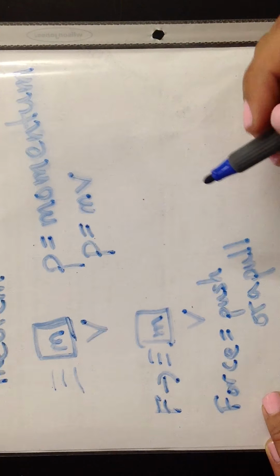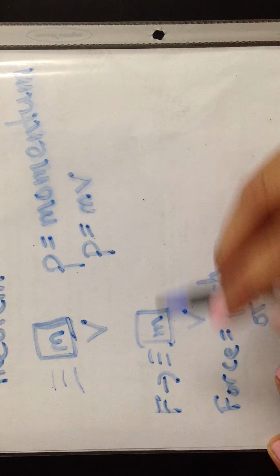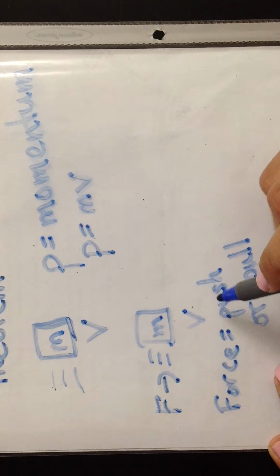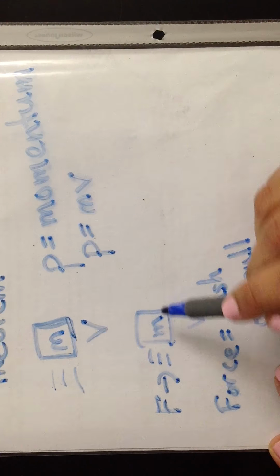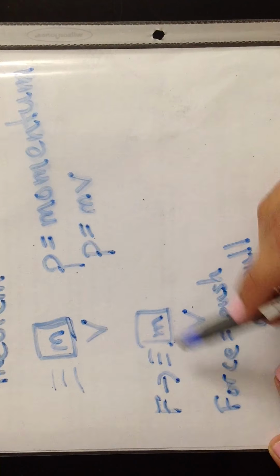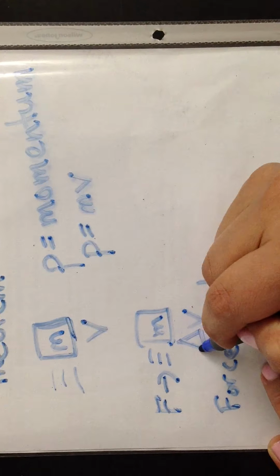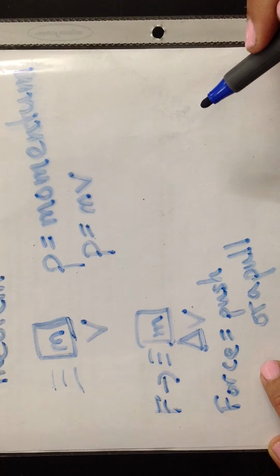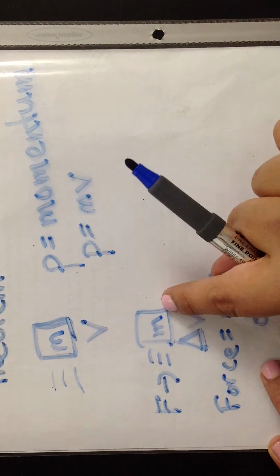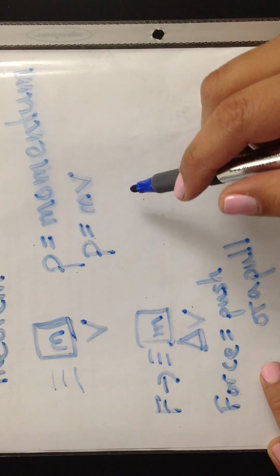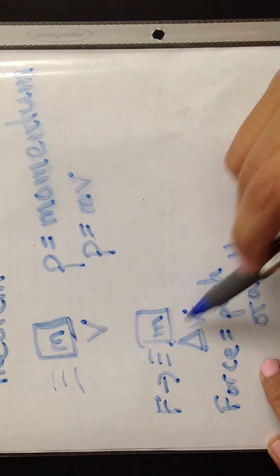If I push it and it's already moving this way, it's going to start moving faster, so the velocity has now changed. The mass won't change at all, but the velocity will.